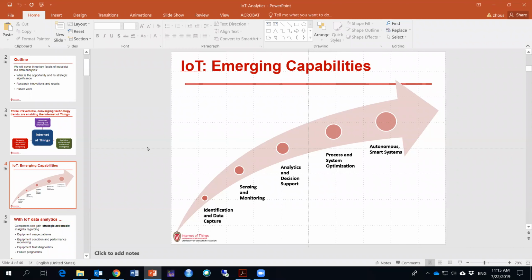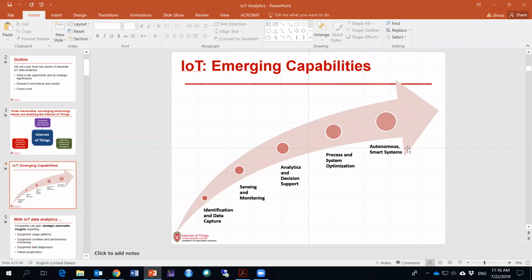So we can predict the future behavior of the system, then adjust our operation decision to optimize the system operation. And by looking at the utilization pattern of the device, we can even provide feedback to the design to optimize the system design. So ultimately, this IoT technology can enable us to achieve autonomous smart system.